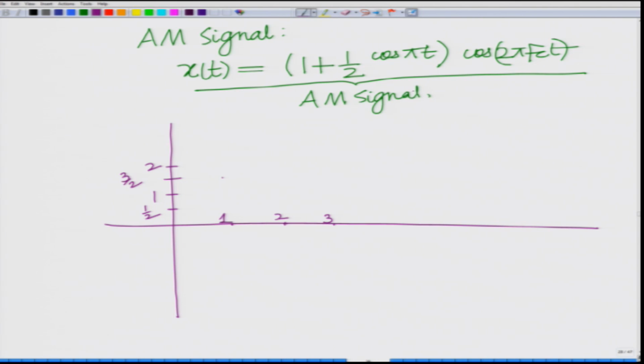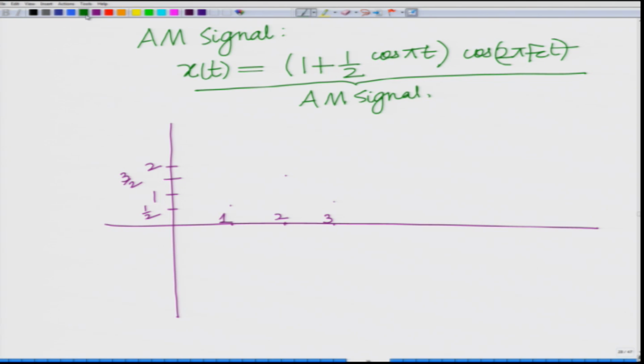At t equal to 1, 1 plus half cosine pi t is 1 minus half, that is half. Once again at t equal to 2, this is going to be equal to 1.5. At t equal to 3, this is going to be equal to half, and so on.